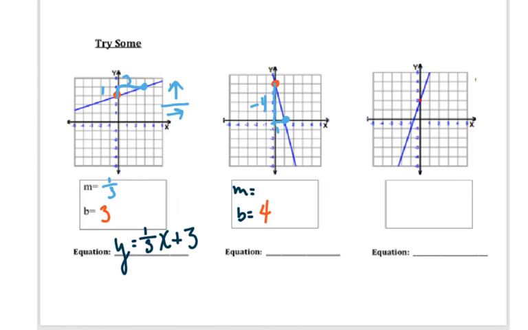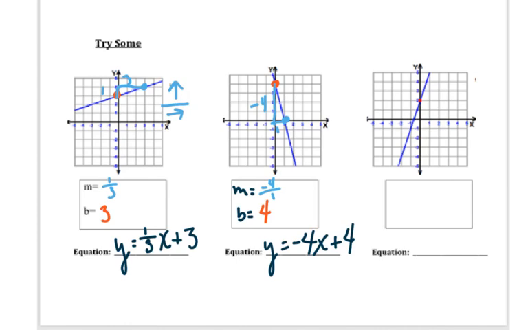So my m is down 4 and over 1. So the equation is y equals negative 4 divided by 1 is the number negative 4. Gets an x with it, plus my y-intercept. My y-intercept is a positive 4.